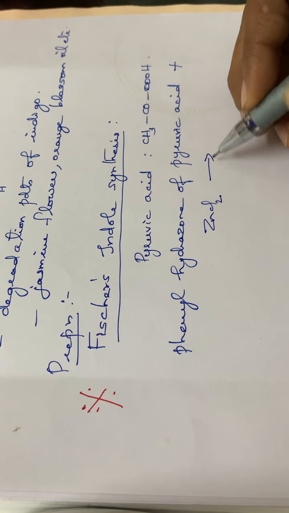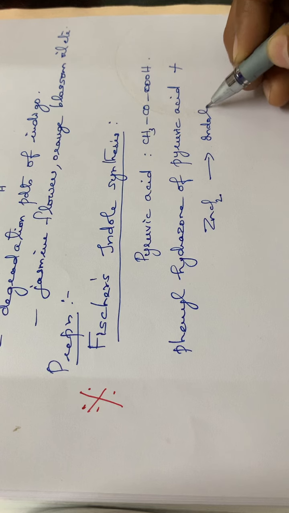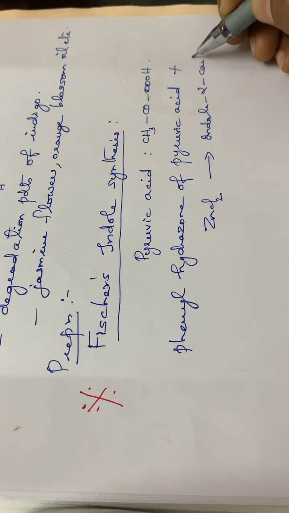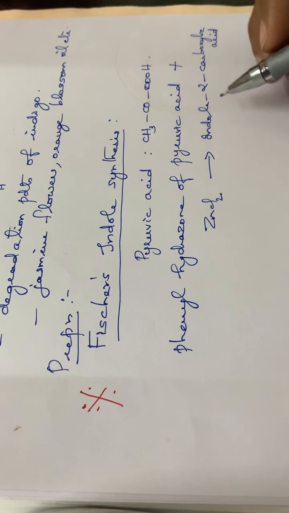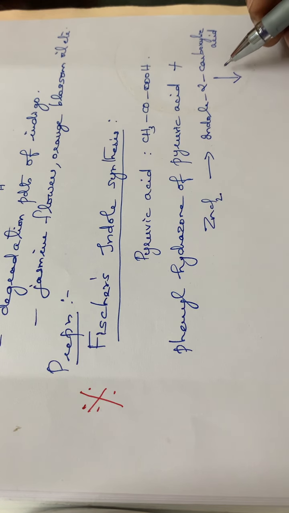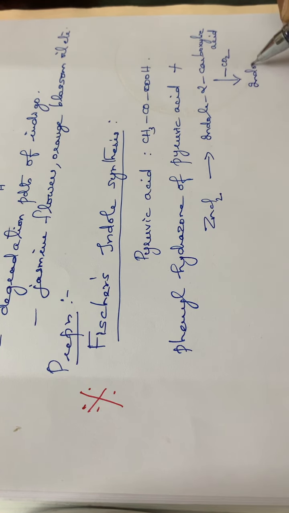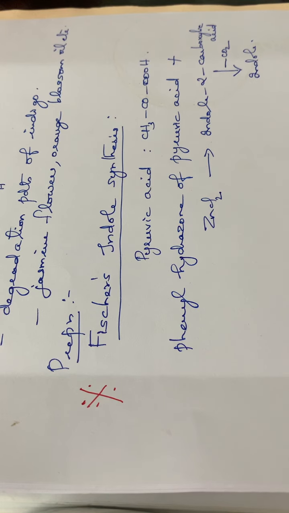The product obtained is indole 2-carboxylic acid. And this indole 2-carboxylic acid on decarboxylation, that means removal of carbon dioxide, gives indole. So this is the method of preparation from the phenyl hydrazone of pyruvic acid.